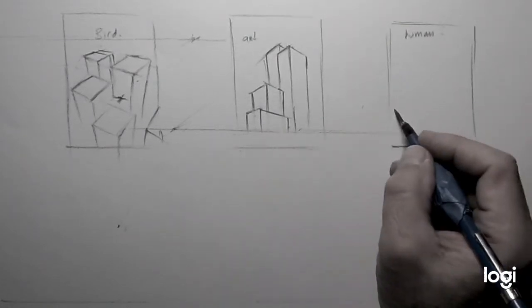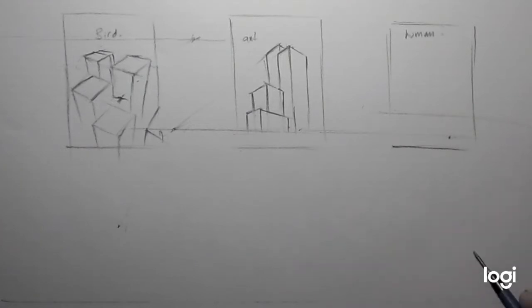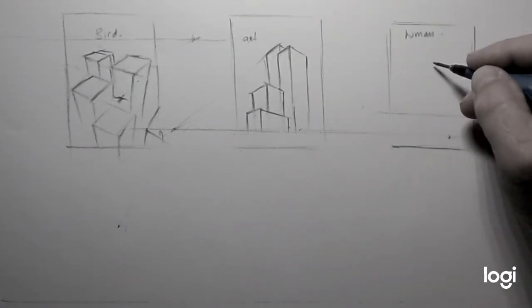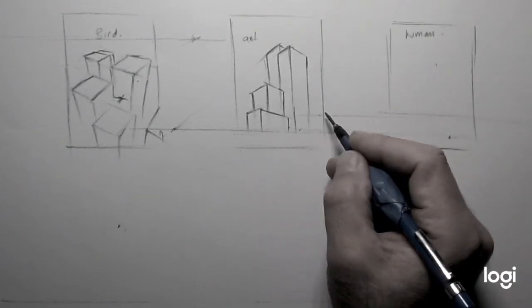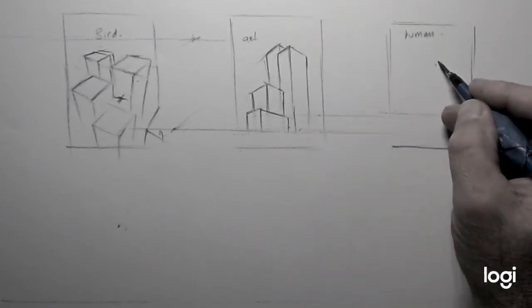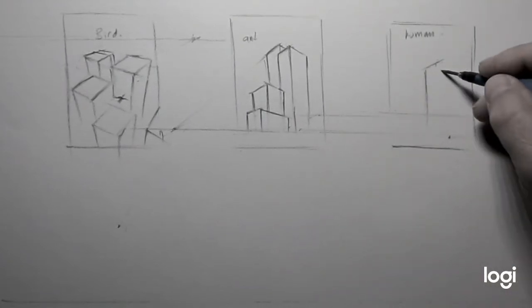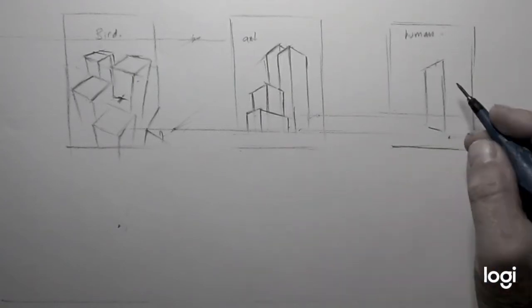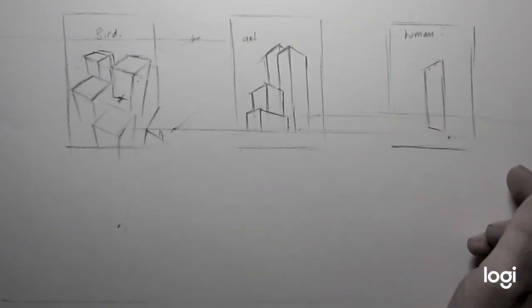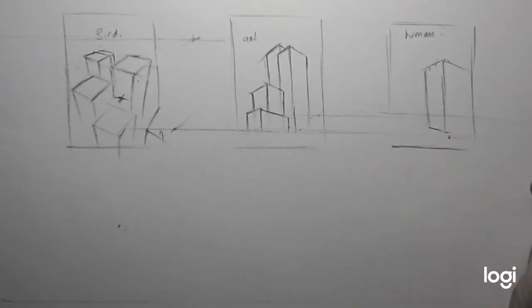See, if this is right on the ground, let's put this one just a little bit higher, and we'll make our vanishing points kind of far out again. So this feels like it could be a person walking down the street, having this kind of experience.